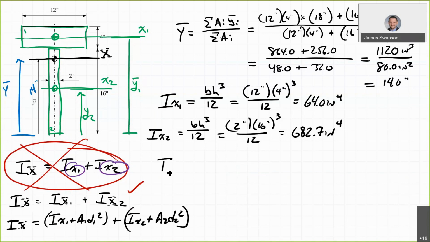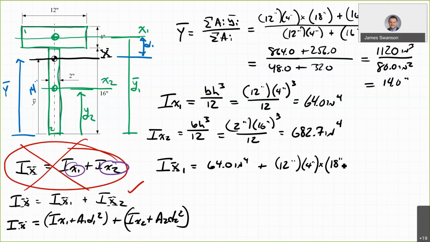I'm going to go back up here and try to fit this all on one slide. I sub big x1 is equal to, as I already calculated, 64 inches fourth plus the area of primitive 1, so 12 times 4, times the distance d1 squared. That distance was 16 plus 4 over 2, or 18, so it's 18 inches minus 14 inches, squared.